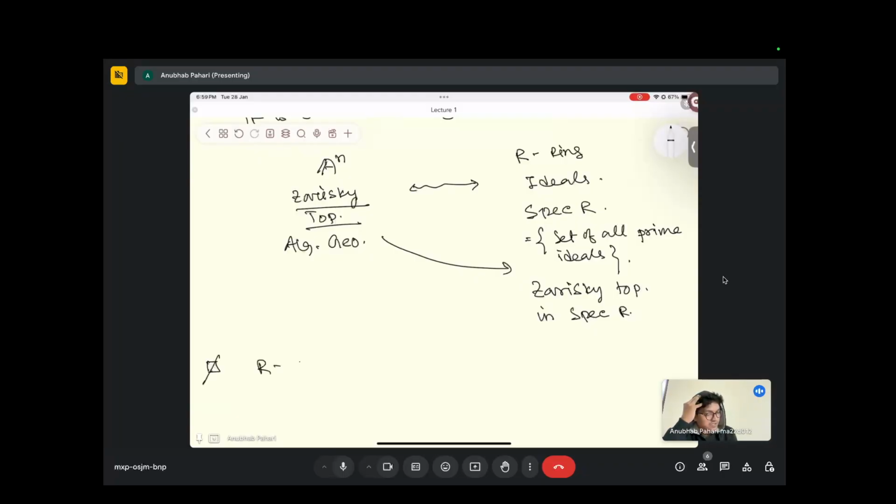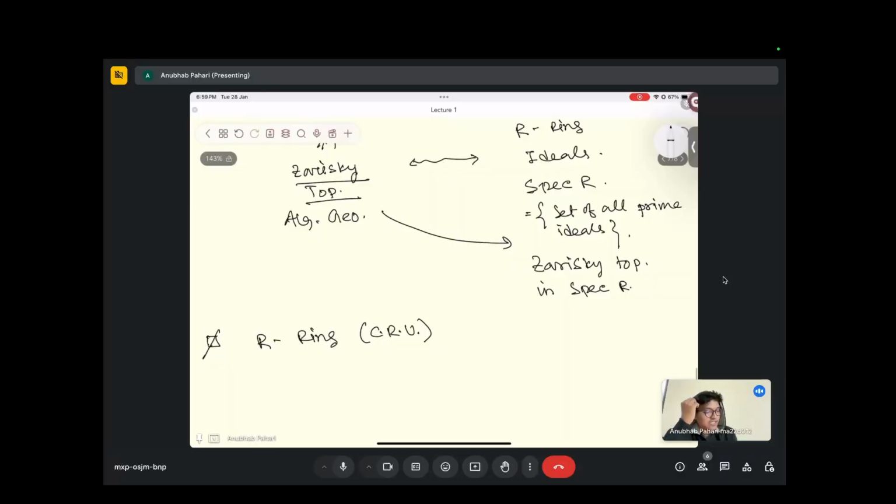so R is a ring, a commutative ring with unity, and you already know what a prime ideal is, so I'm not wasting your time on that. So Spec R is the set of P such that P is a prime ideal.